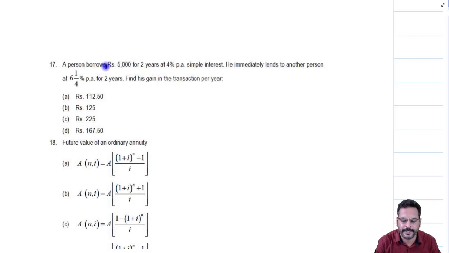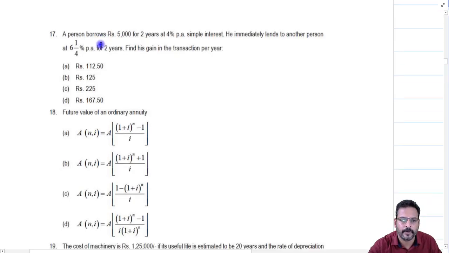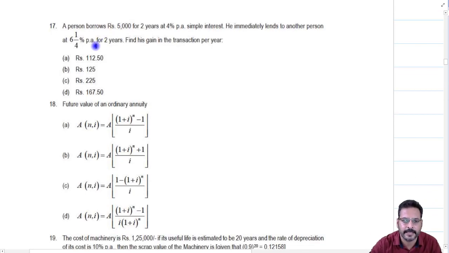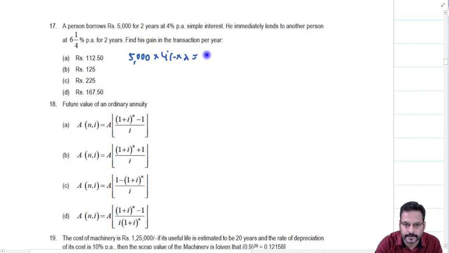Then 17th question. A person borrows rupees 5,000 for 2 years at 4% simple interest, and he immediately lends it to another person at 6 and 1 by 4 percentage, that means 6.25 percentage. So first of all, 5,000 into 4 percentage into 2, we will get simple interest 400.